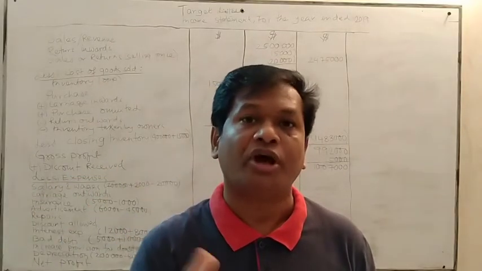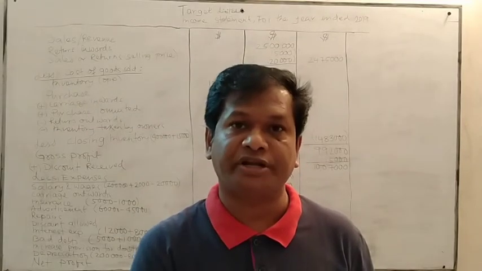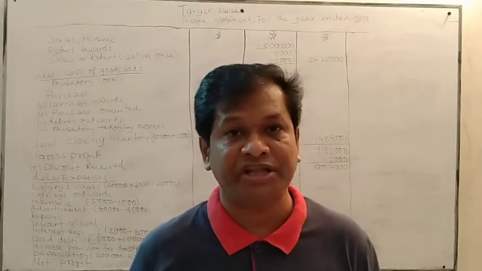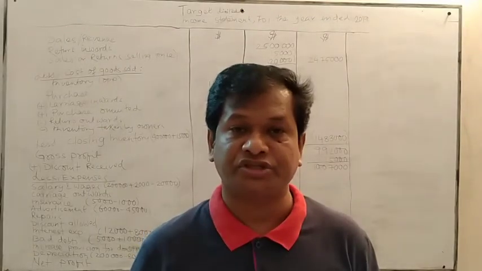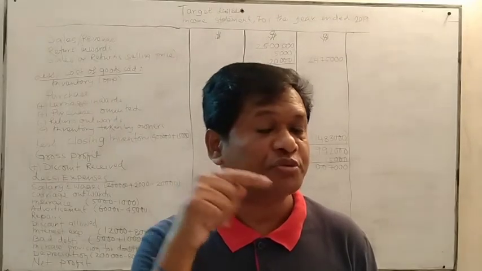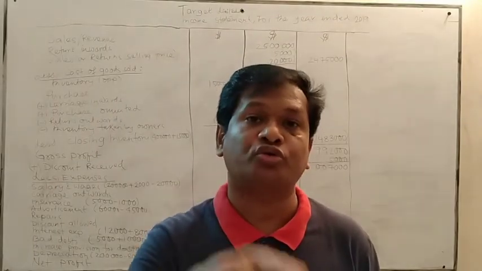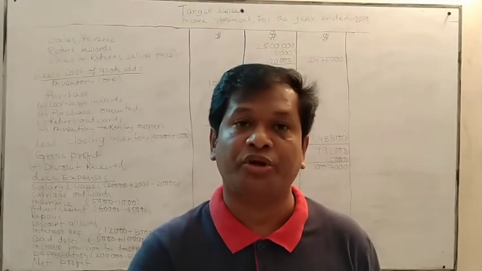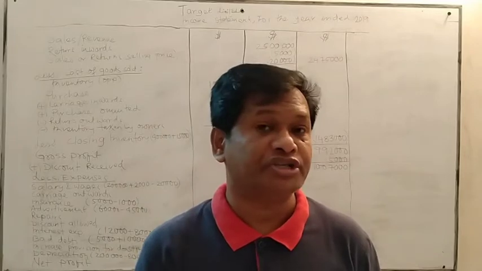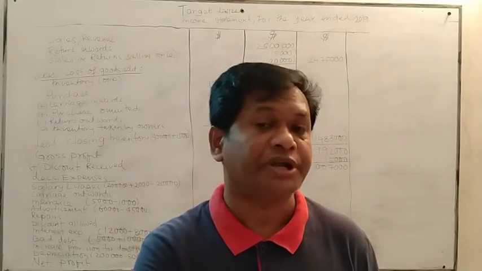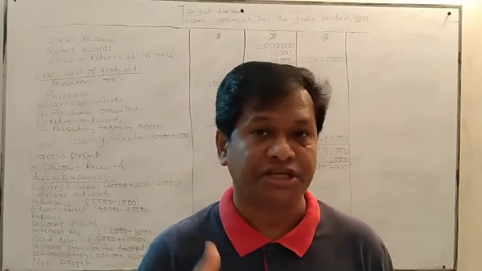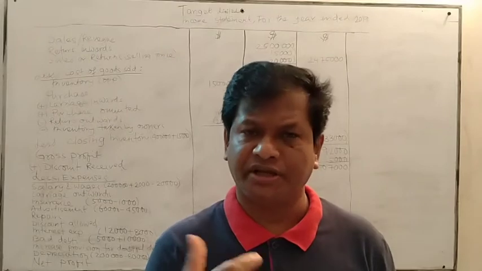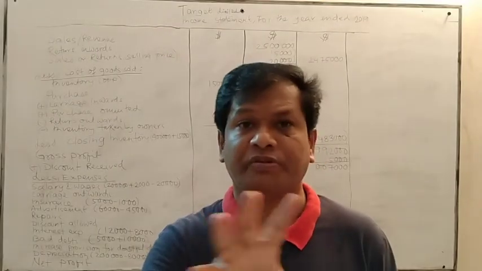First of all you have to calculate the amount of prepaid, which is to be subtracted from the expense in the income statement. It also goes to the balance sheet under current assets. So prepaid expense is separated from the income statement and goes to the balance sheet under current assets.